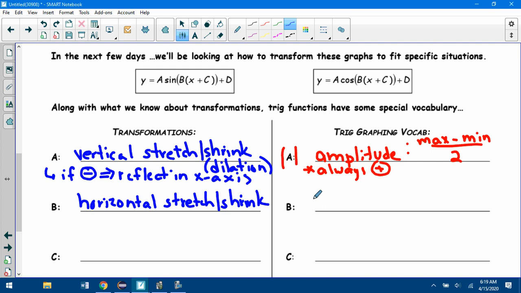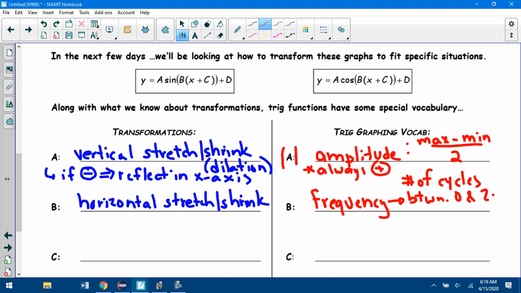In trig, that B value is called the frequency. We're going to go over these later and you'll see what they mean more. But for now, I'm just going to call that the number of cycles between 0 and 2 pi. And I'll show you this on the sine and cosine graphs in a second to make it make more sense.